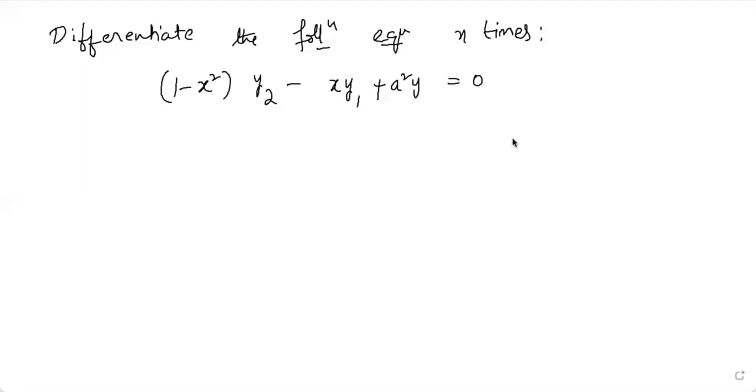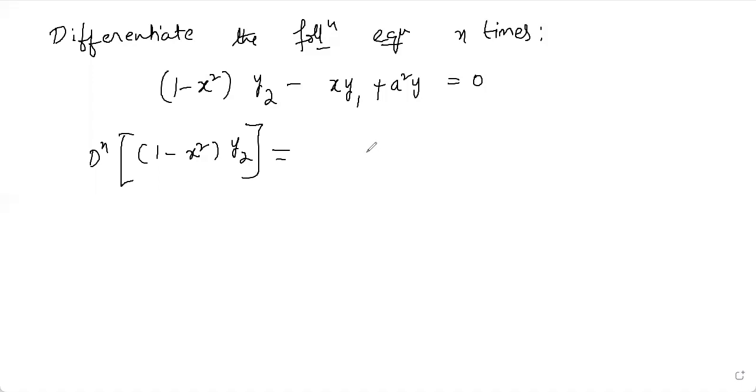Let us differentiate this equation now. We have to differentiate each term of the given equation n times by using Leibniz theorem. So that is dn of (1 minus x square) into y2.